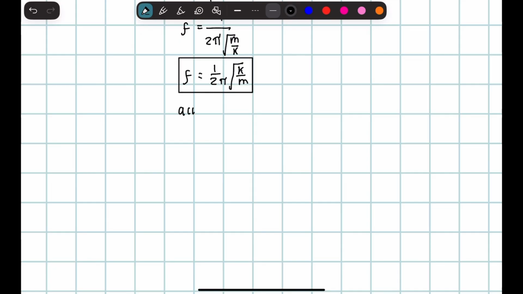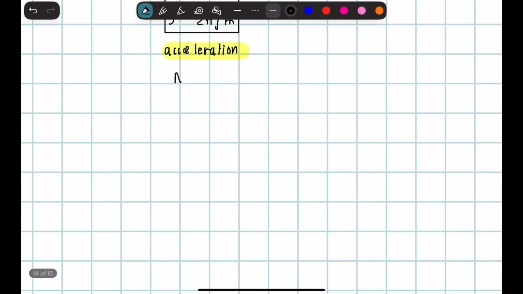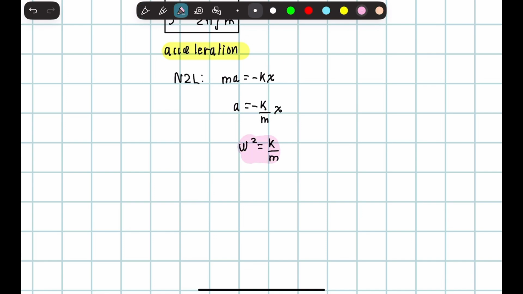Now for our acceleration, we can start again from Newton's second law, which is ma is equal to negative kx. Now solving for acceleration, we have a is equal to negative k over m times x, and we can substitute in omega squared is equal to k over m right there. So then we're left with the acceleration is equal to negative omega squared times x.